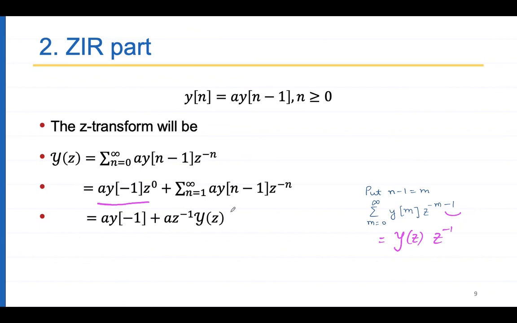So I substitute it here, Y(z) z to the power minus 1 times a, and this is the initial condition, a y[-1]. Now Y(z) is a y[-1], so I just simply solve for my Y(z) now, which is a y[-1] upon 1 minus a z inverse, and this is basically my Z transform because of non-zero initial conditions.